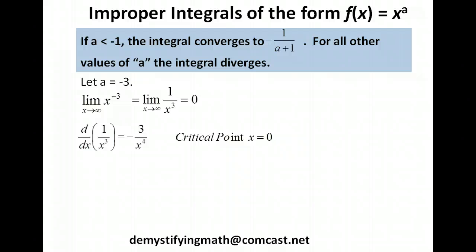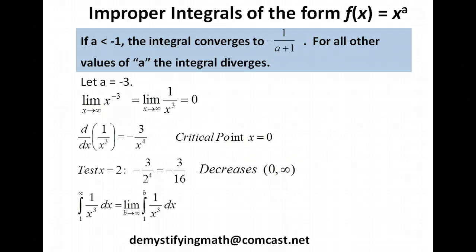The only critical point on that function is at 0, where it's undefined. So that means we only have to test within our interval that we're concerned about and see if it's increasing or decreasing. So testing x equal 2, we get a negative. So that means that x to the negative 3 decreases from 0 to infinity, which means that our integral should be defined and should go to negative 1 over a plus 1.